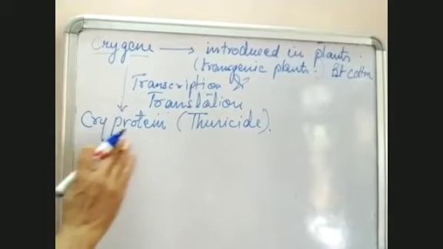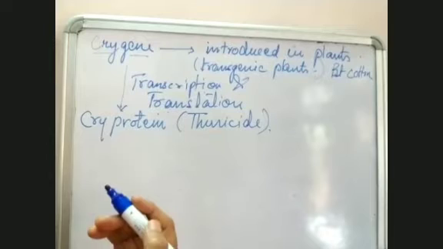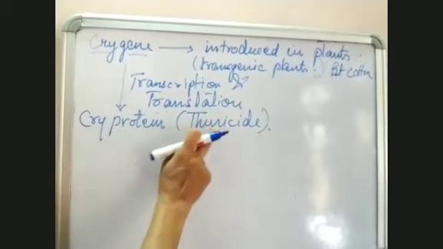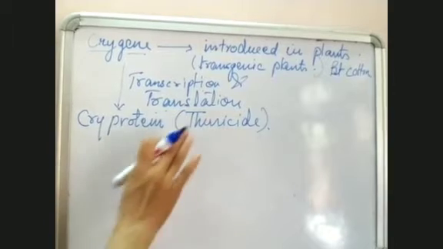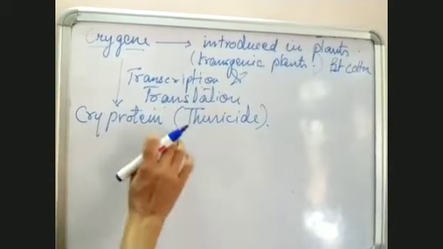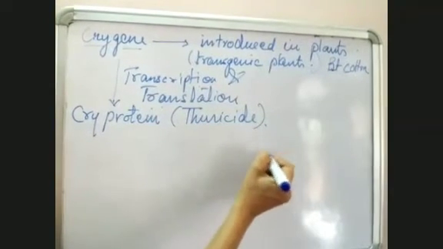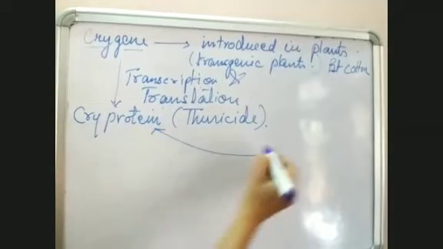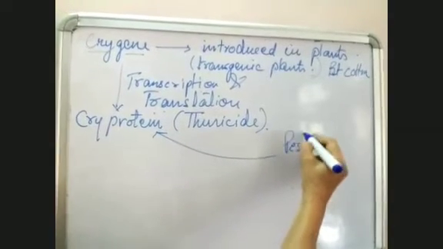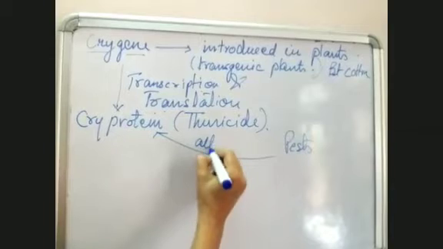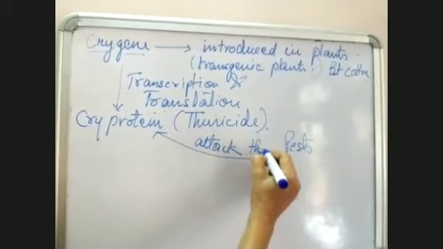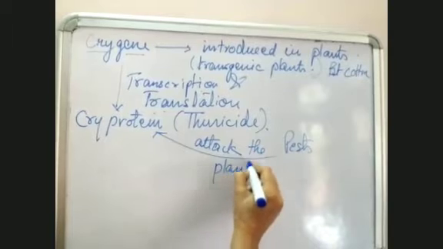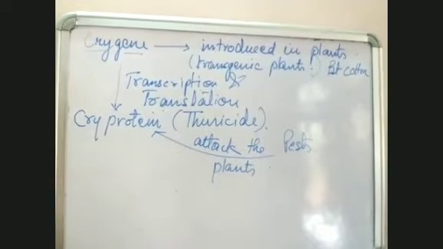What is this cry protein? This cry protein is thuricide. That means the toxic substance is already there in the plant. Now this is in the inactive form. When the pests attack the plants, what happens? They will feed on the leaves and on the other parts of the plants.